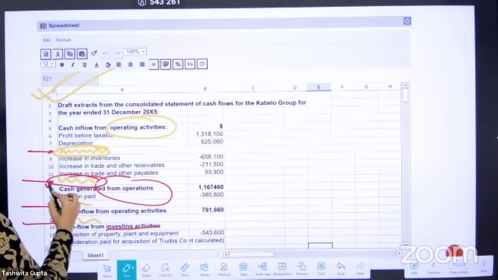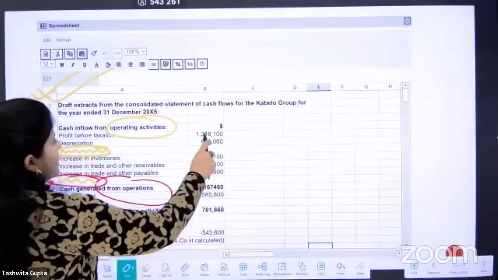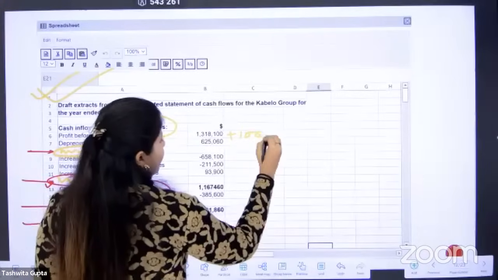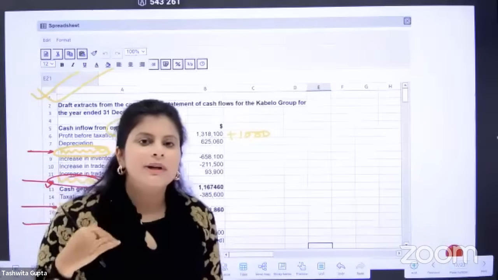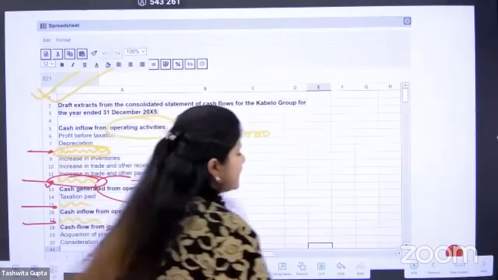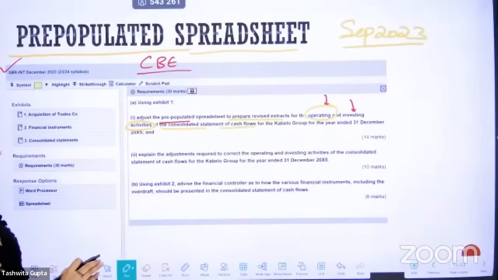Let's suppose something needs to be added, say 1 million needs to be added to profit before tax. For that, I don't need another row. I can simply make that adjustment in the column next to PBT. So this is how you're supposed to deal with the pre-populated spreadsheet.